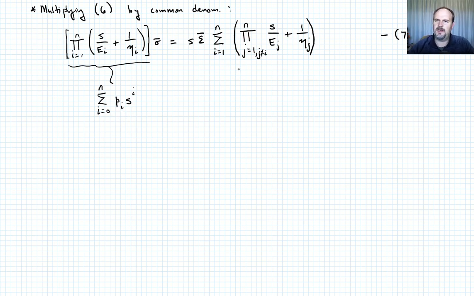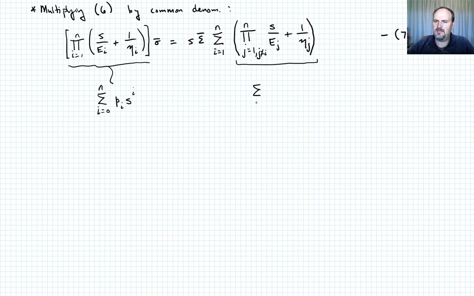How about for this side? Well, this term, again, is just the product term here. It almost looks like this side, except we are pulling out one factor. That's the factor that happens when i is equal to j. So this is one order of magnitude less, so it's a polynomial of order n minus 1.